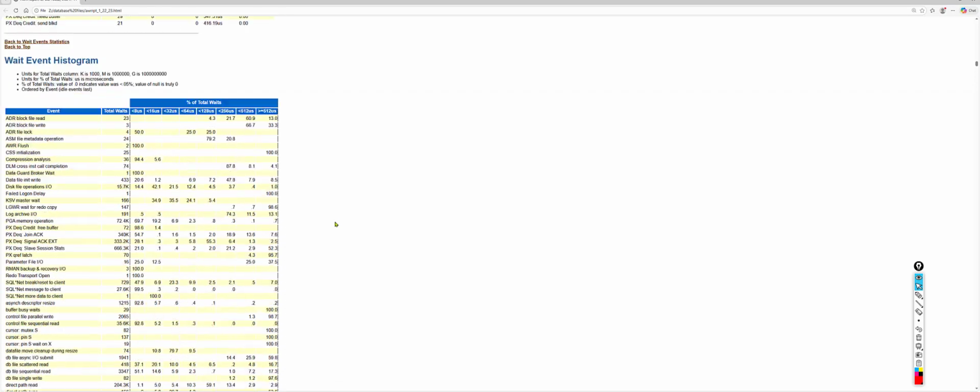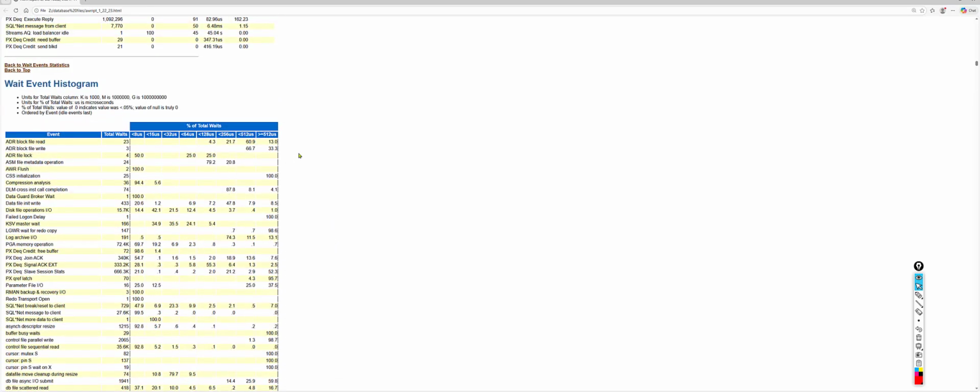You need to check the buckets. How many waits happened in greater than or equal to 512 microseconds, and for each and every time limit, or each and every duration, there is a separate column.